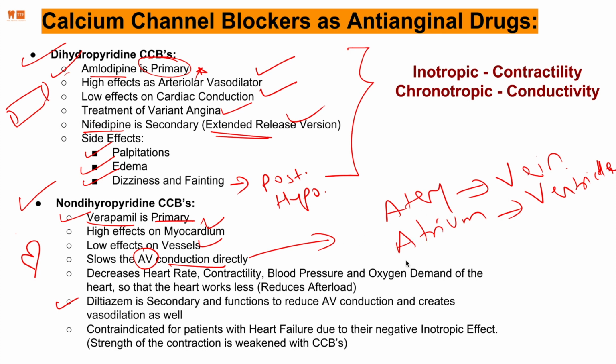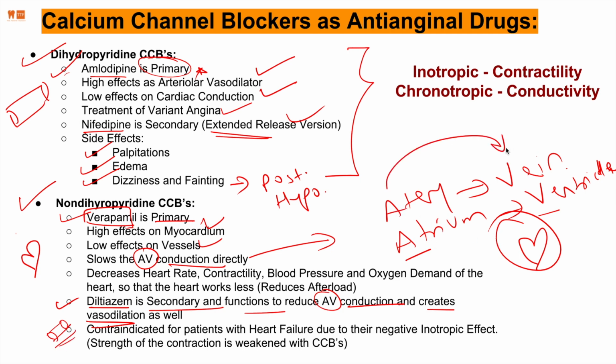AV stands for atrioventricular conduction inside the heart. Therefore, verapamil affects the heart. But diltiazem has a secondary function to reduce AV conduction and creates vasodilation as well. For the sake of memory, AV can also represent artery and veins. However, remember, AV is atrioventricular only.